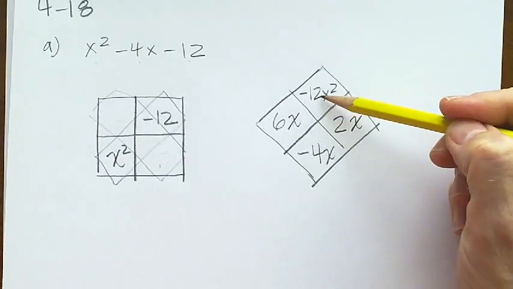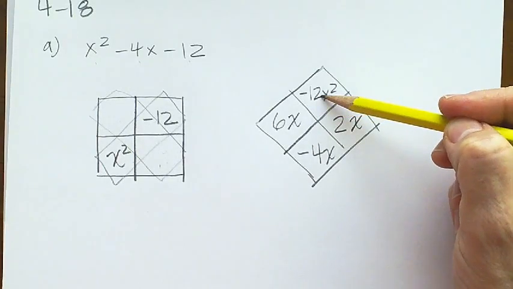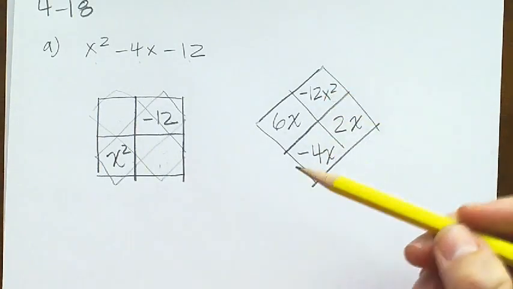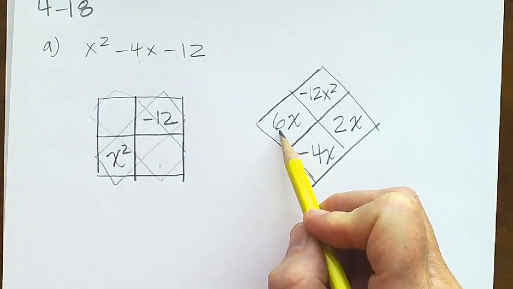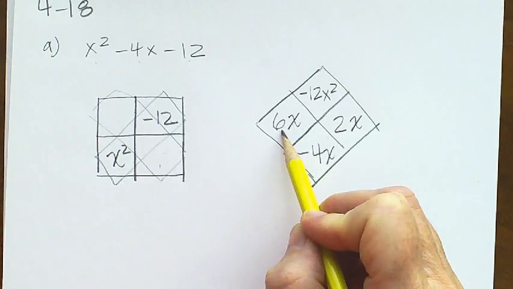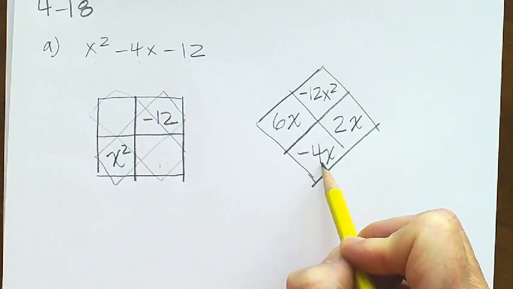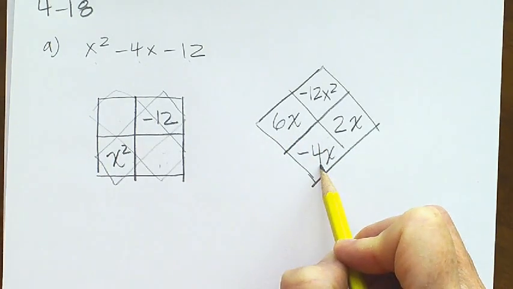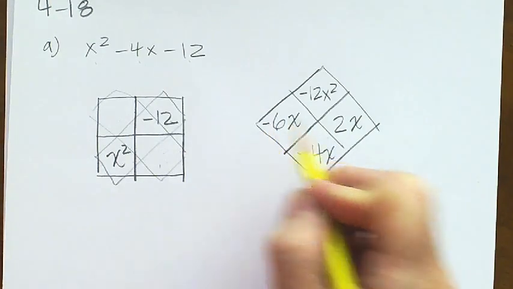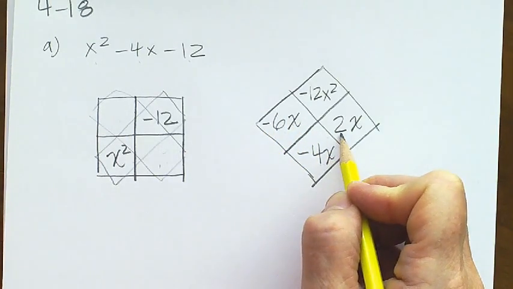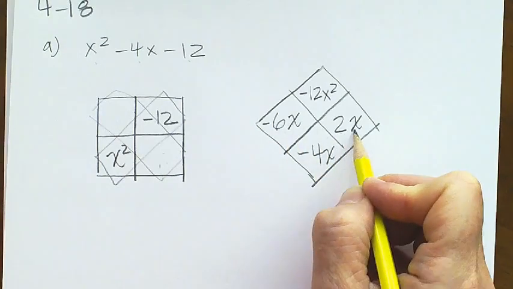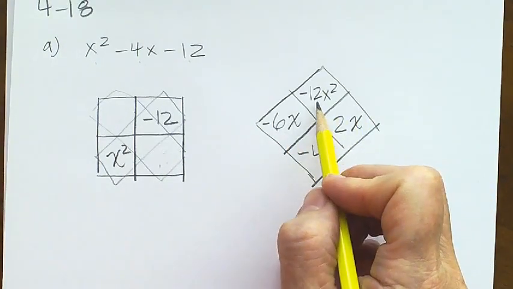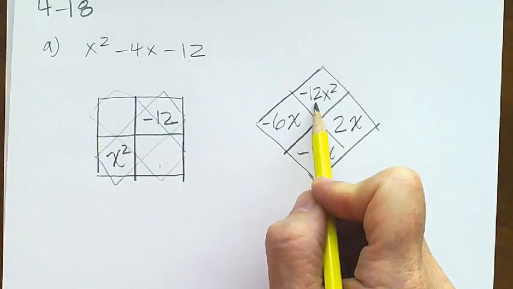Now for that to be a -12, one of those terms has to be negative. To figure out which one should be negative, I have to say, which one should be negative if when I'm adding them together I'm getting a -4? Well, -6 and +2 added together would give me -4, and -6x times +2x would give me -12x squared.